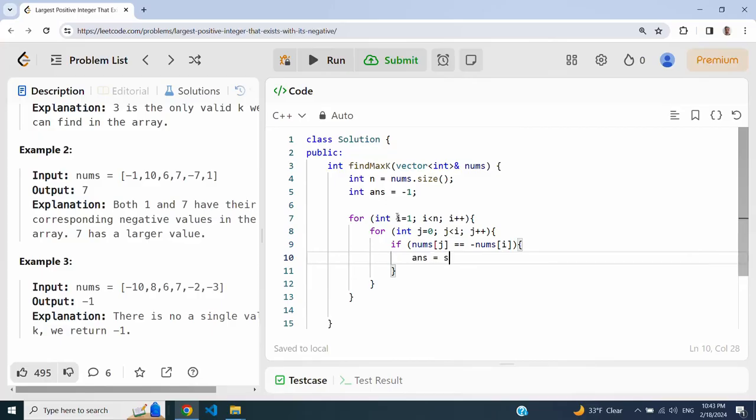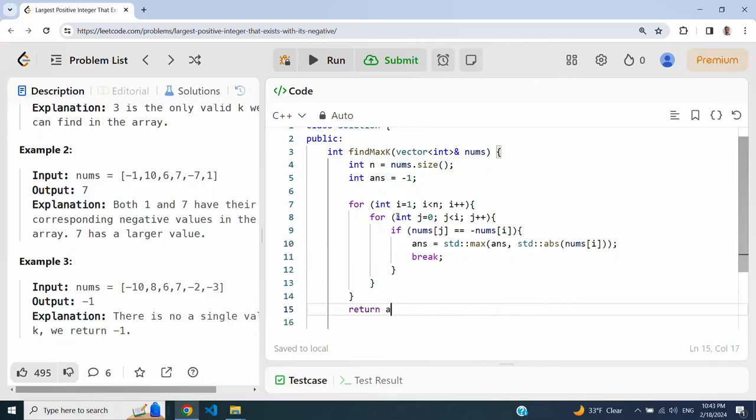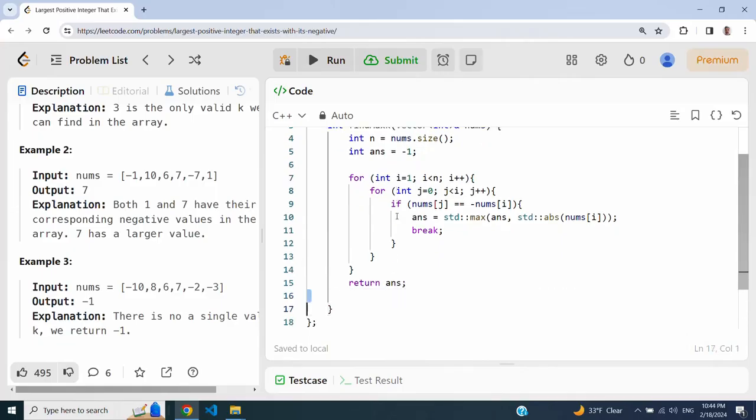So I'm just going to say answer is equal to std::max of answer and, actually, I don't know which one is the positive, so let me take the absolute value. So std::abs(nums[i]). Then break out of this inner loop, and here just return the answer.